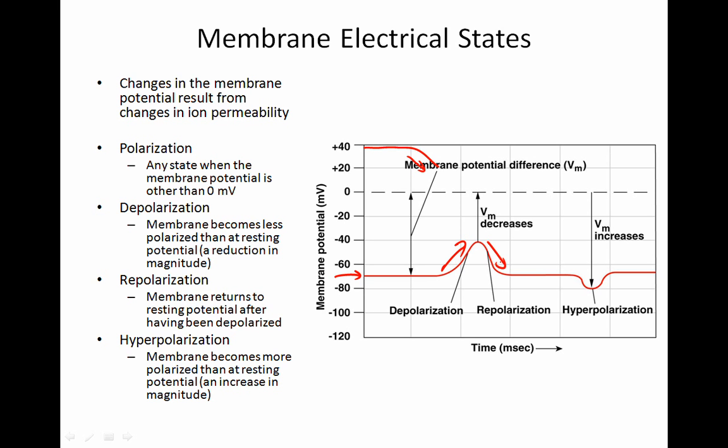If you move further away from 0, that's hyperpolarization. So moving back up here would be repolarization, because you're going back to rest. Hyperpolarized means further away from 0. Going back from hyperpolarized is repolarization. That's how we use these verbs.